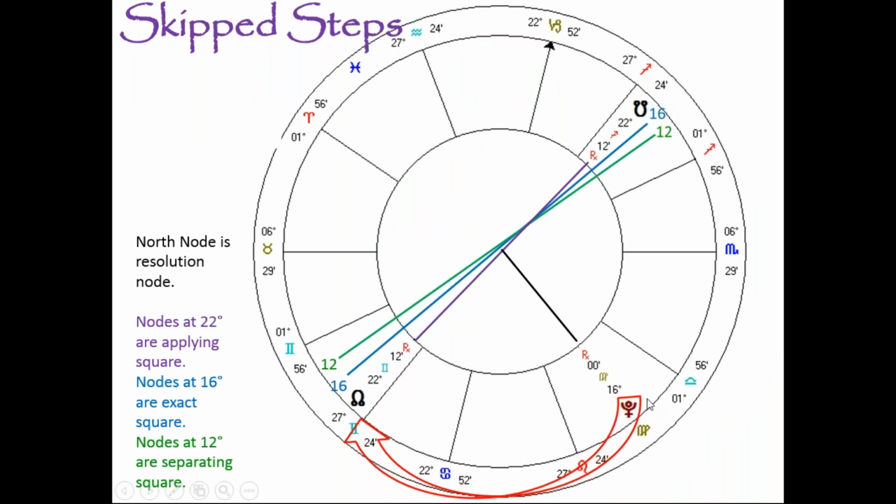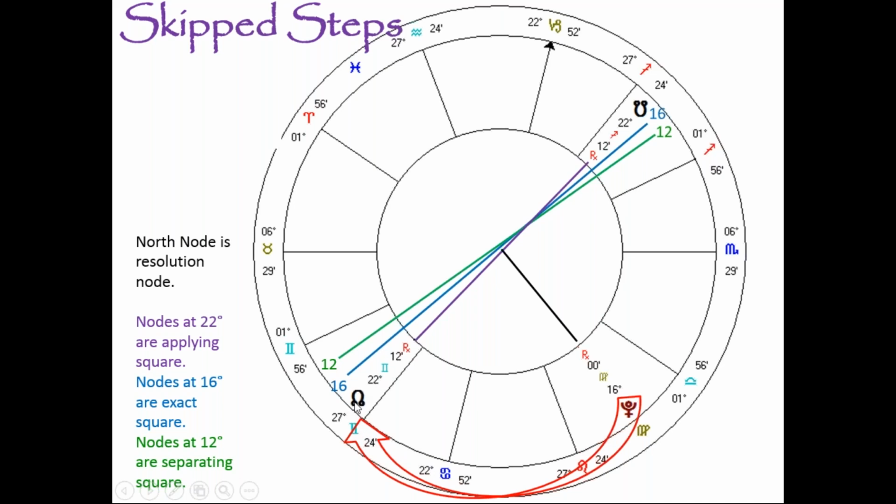Here's how we look at skip steps when planets are square the nodes. In this example, we start with a planet. I only have one up for you, Pluto at 16 Virgo. We go clockwise, which is reversing through the houses or the zodiac. In this example, the nodes are at 22.